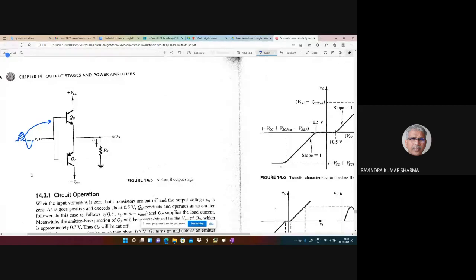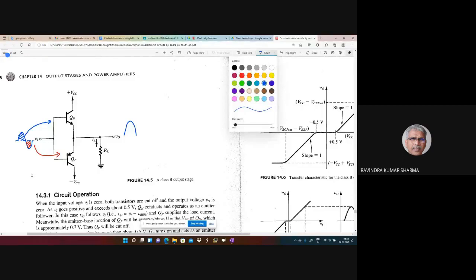And for the negative part, this PNP will act as amplifier. Output will be available for both, right? So you will get here the positive signal and also the negative signal.